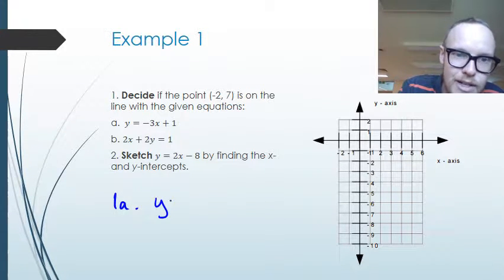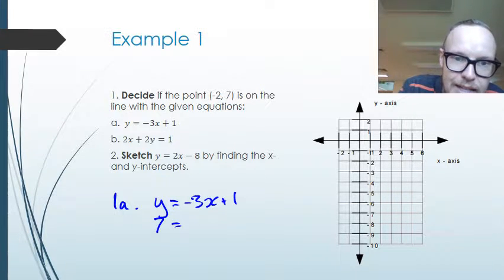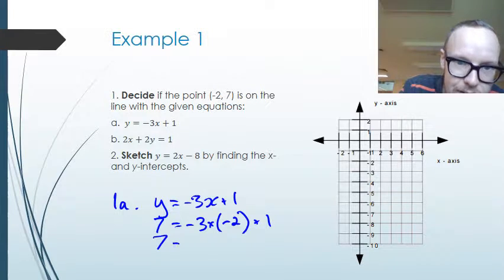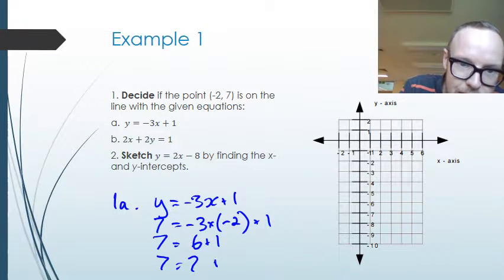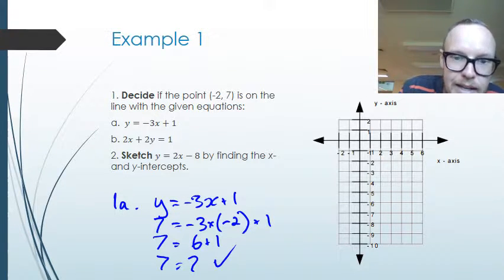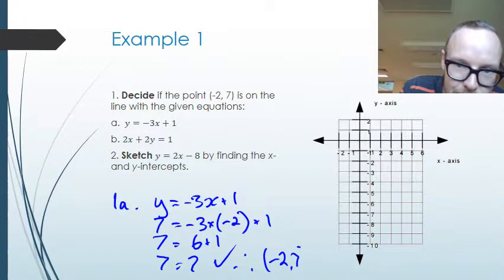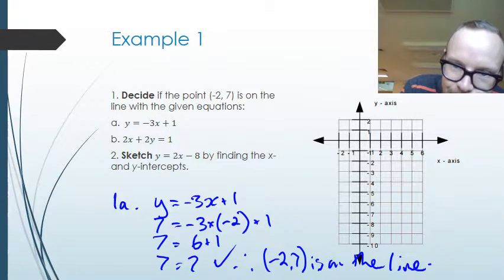So if we write the equation y equals -3x plus 1, if we substitute the values in, the y value is 7 and the x value is -2, then we get 7 equals -3 times -2 is +6 plus 1, so 7 equals 7, tick. Therefore the point -2, 7 is on the line.